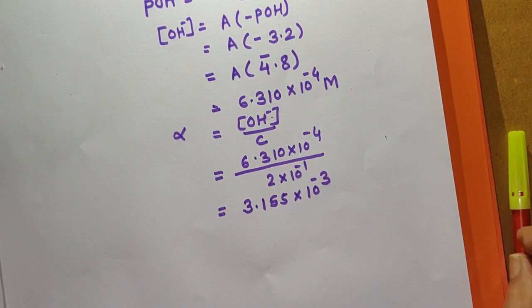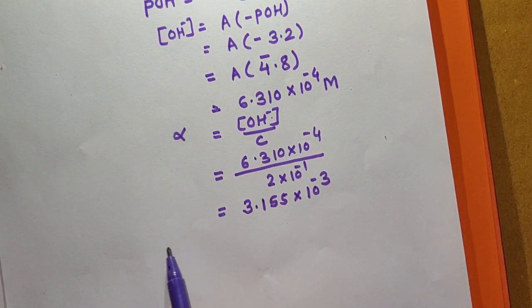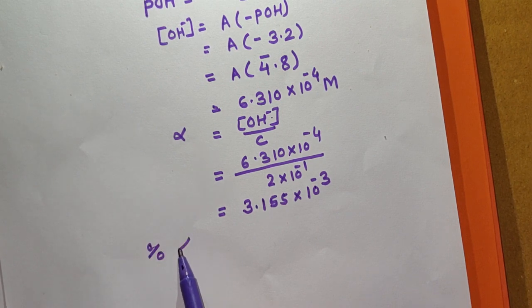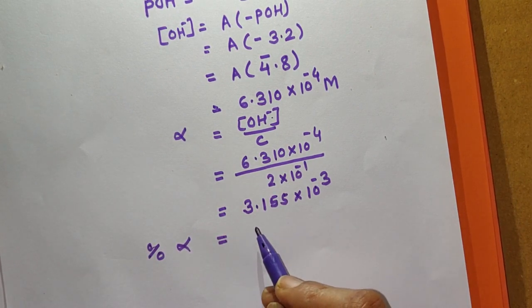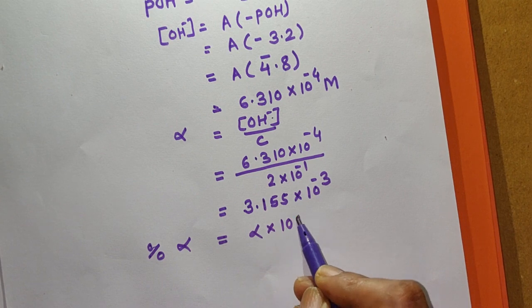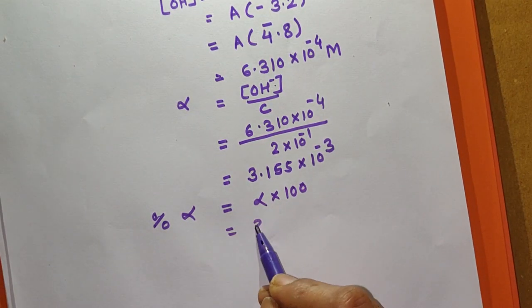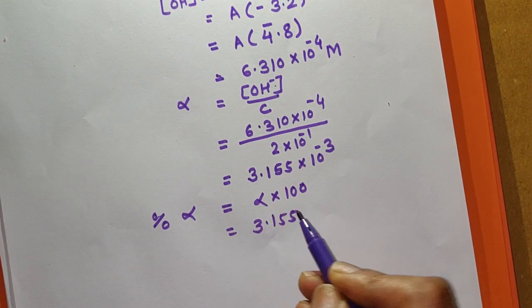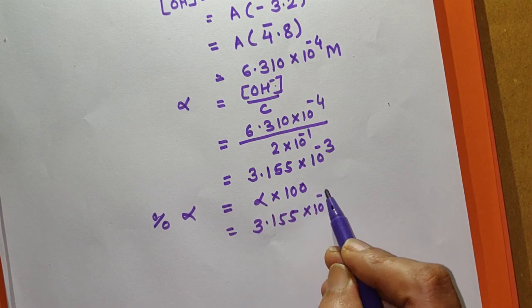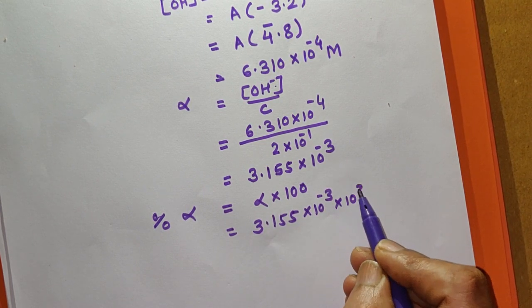Now what is asked? Percent dissociation is asked. So percent dissociation or percent alpha is equal to alpha into 100. So it is equal to 3.155 into 10 raised to minus 3 into 10 raised to 2.